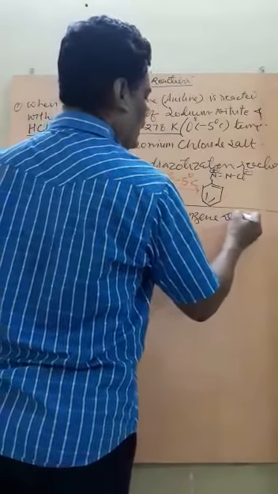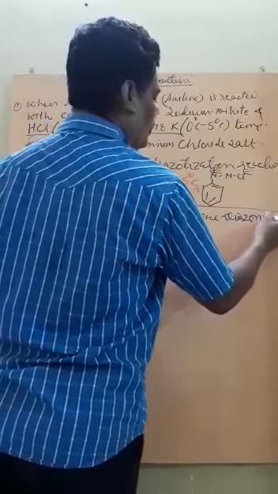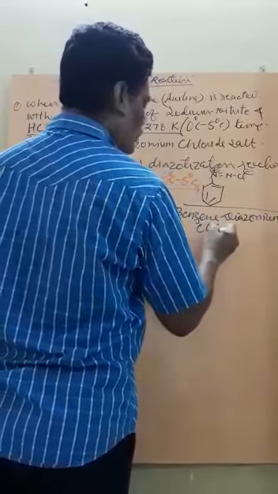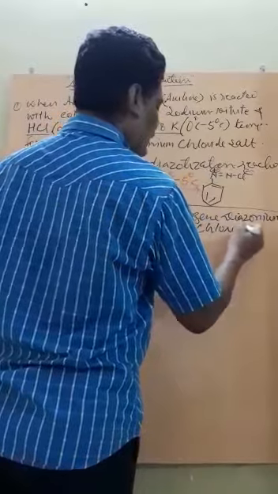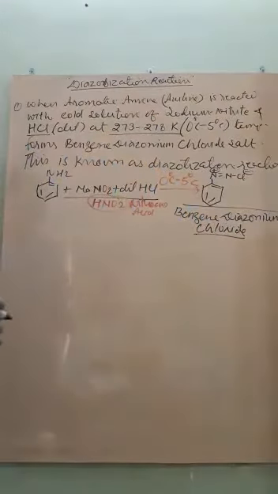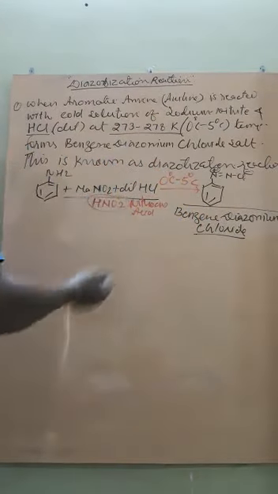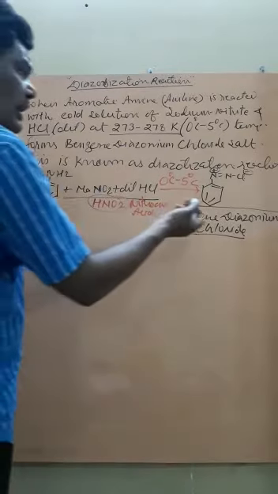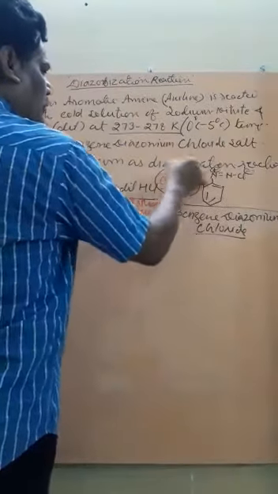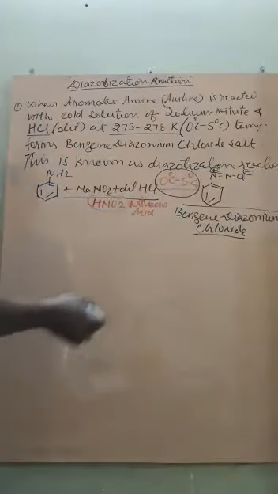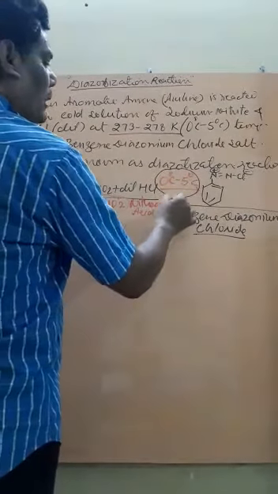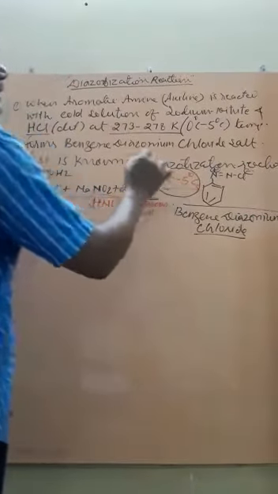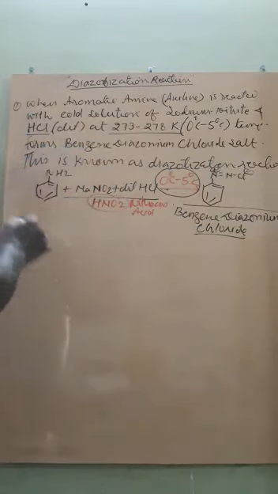Benzene diazonium chloride. But student, if the temperature is higher, then the compound will decompose. Therefore, if we have to form the diazonium salt, we must maintain that temperature.